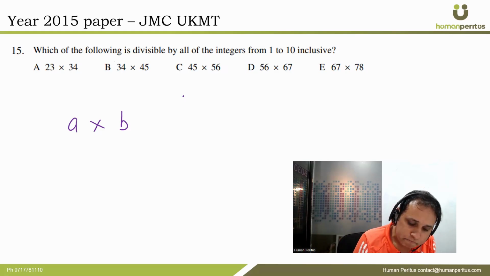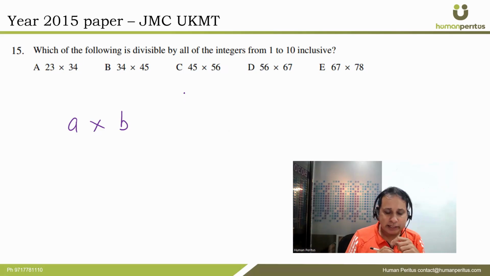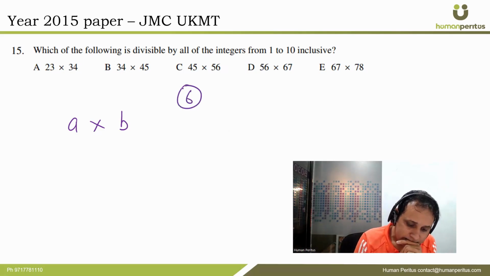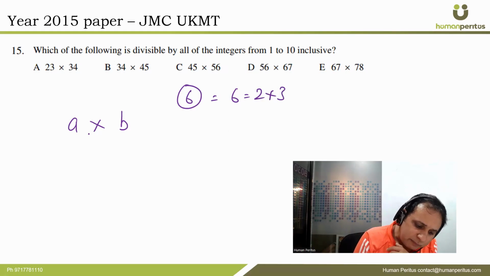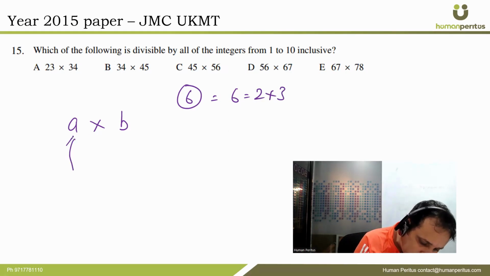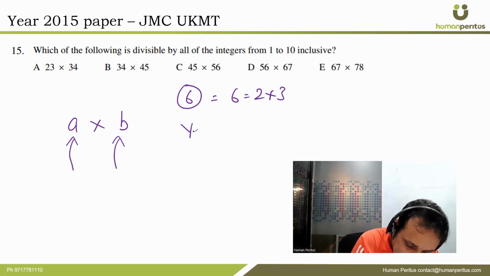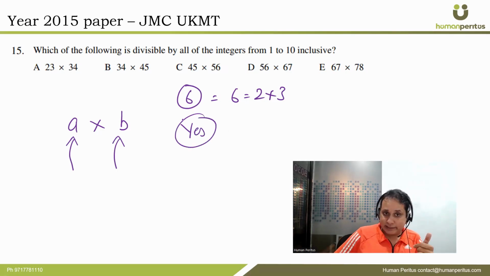I have to check divisibility by 6. 6 can be broken into 2 into 3. If one number is divisible by 2 and another number is divisible by 3, then yes, the product will be divisible by 6.